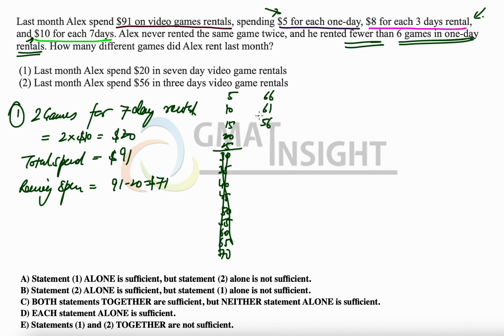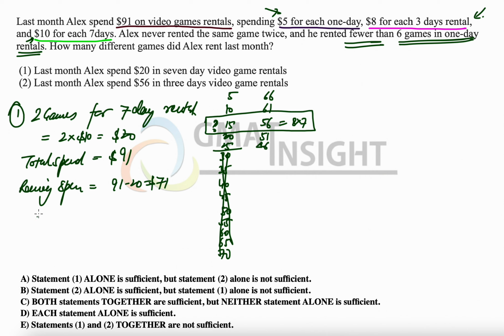Is 56 divisible by 8? Yes, that is 8 multiplied by 7. So one possibility. 20, let us see, 71 minus 20 is 51, not possible. 25, so that gives us 46. 46 is again not divisible.